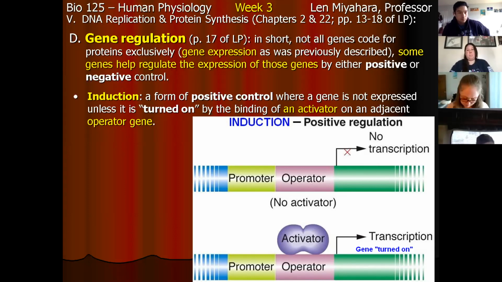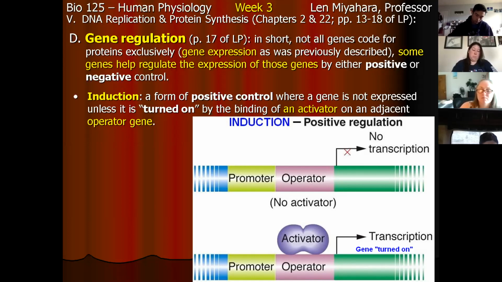There's many other forms of gene regulation. This is a complex topic, but I'm just going to leave it very simple. You have to know positive control, and the example I give you of positive gene regulation is induction. Positive in that the gene is normally off. When you introduce an activator, you turn it on. Positive, on. It's off, you turn it on. You induce it to turn on.